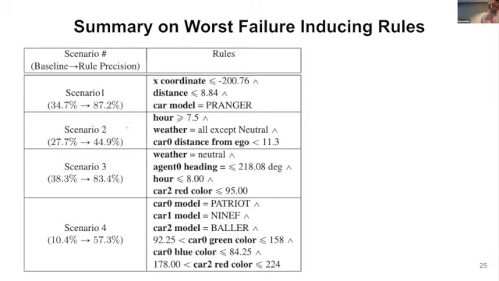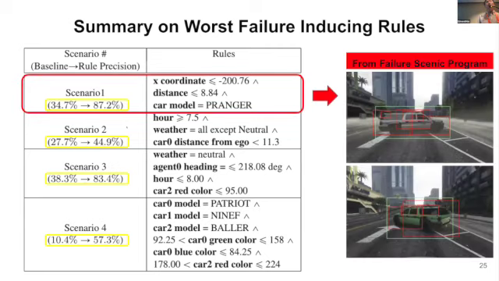Right? And let me share one interesting case that I thought was counterintuitive. Here, I was expecting that the perception model would fail if the car is further and further away. But actually, no. Counterintuitively, we see that if the car of a certain model, which in this case is Pranger in GTA 5, is within a certain distance, in this case 8 meters, then the perception model tends to fail more and more.